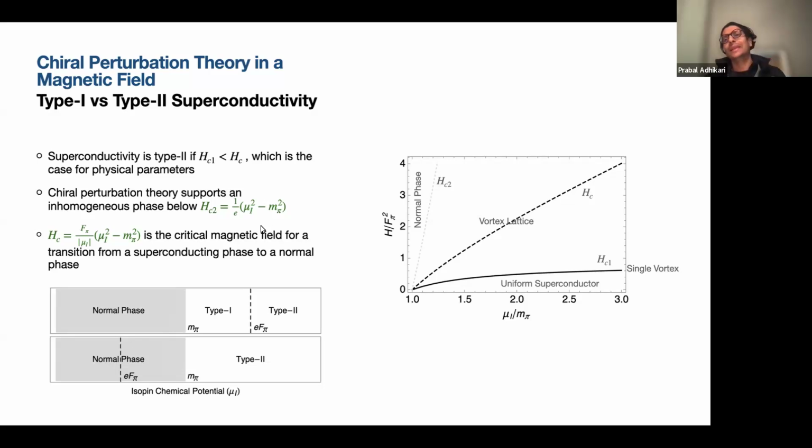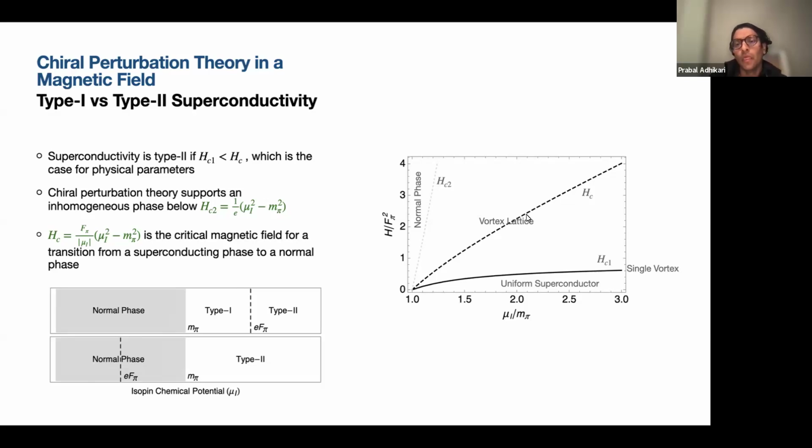So a natural question is whether type 1 superconductivity is even allowed in QCD, and the answer turns out to be yes, it is. And then let me give you the heuristic picture. If the transition were type 1, there would be no single vortex. You would have a superconductor phase, and then there would be a straight transition into a normal phase.